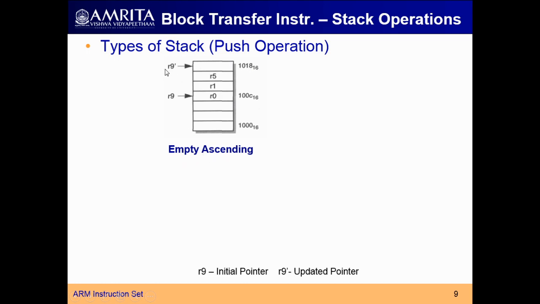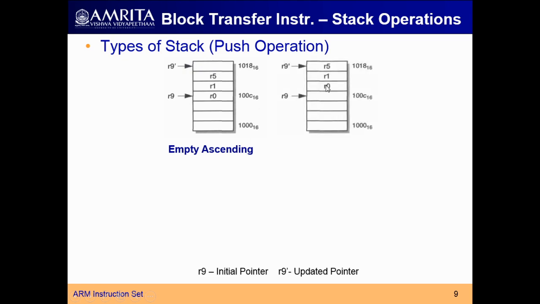Because the updated pointer is pointing to a location which is empty, which does not have data. So since the updated pointer is pointing to an empty location, it is known as empty ascending stack.